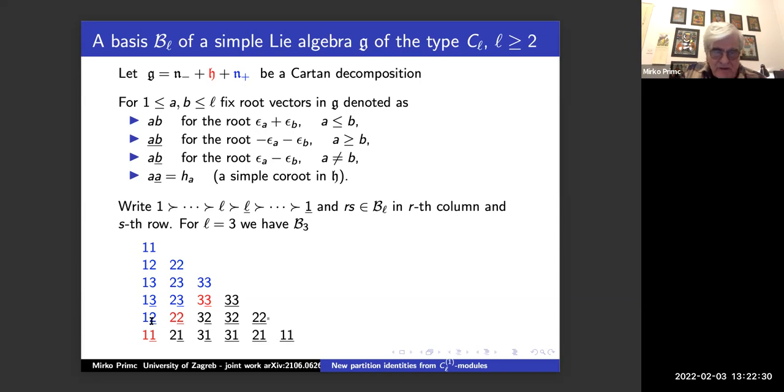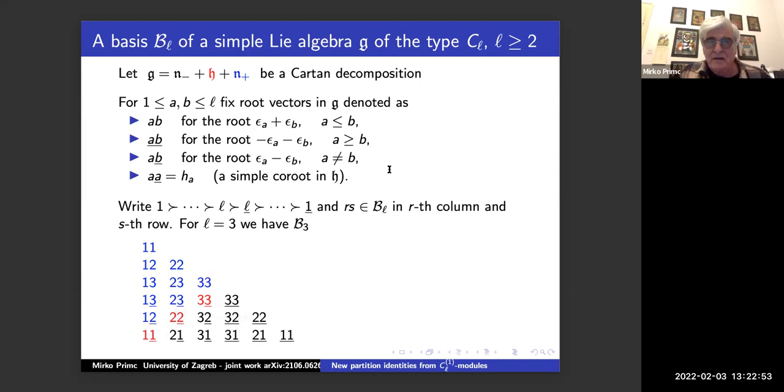And then we have simple roots, root vectors corresponding to simple roots. Epsilon 1 minus epsilon 2, this is the first simple root. And we have this root vector for first simple root, for the second, and for the third.